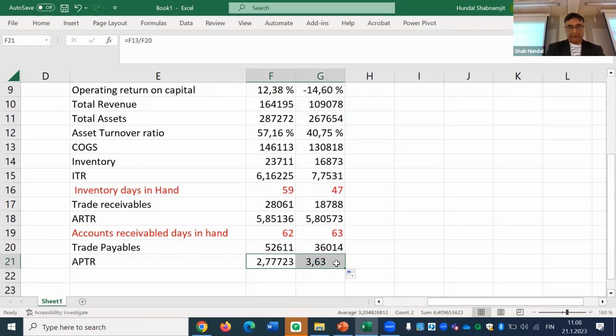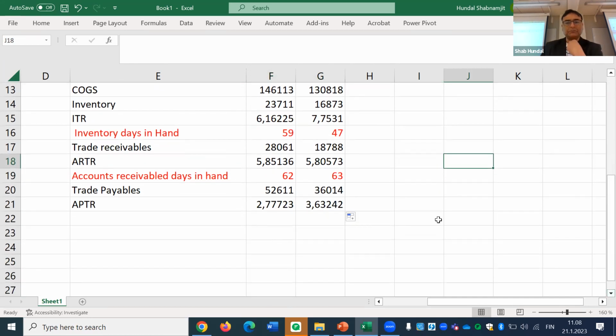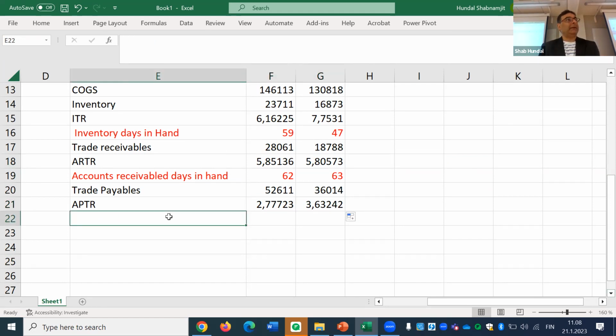And yeah, so in a way, you used to pay 4 times a year to your supplier, but now you pay, let's say, 3 times a year. Good or bad? Good, because now you pay less number of times. And the thing is how many days your supplier has to wait before you make the payment.